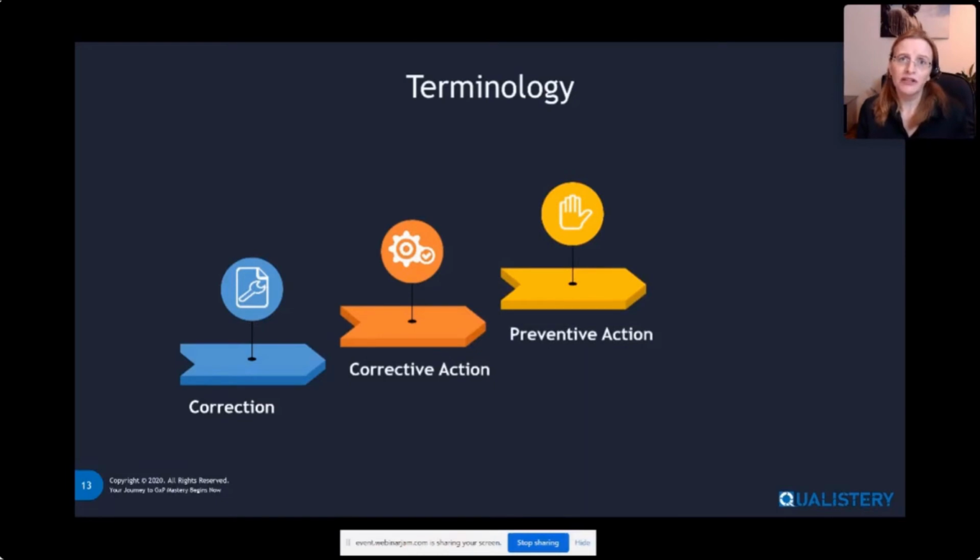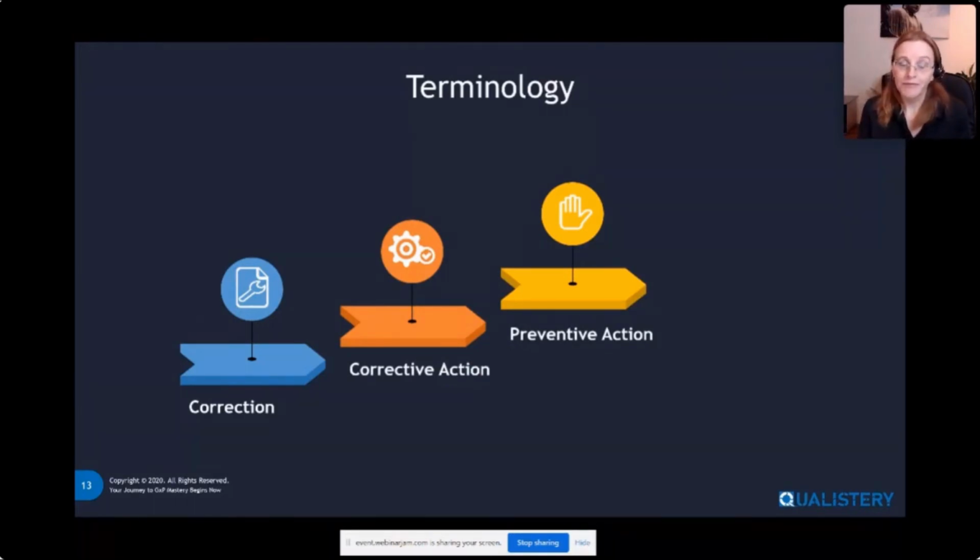So preventive action, really according to ICH Q10 and ISO 9001, is very much it hasn't gone wrong at all. We found this through a risk management proactive approach, and we think it could go wrong, and we're going to prevent it ever going wrong at all.